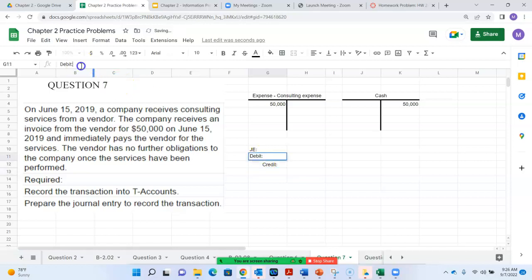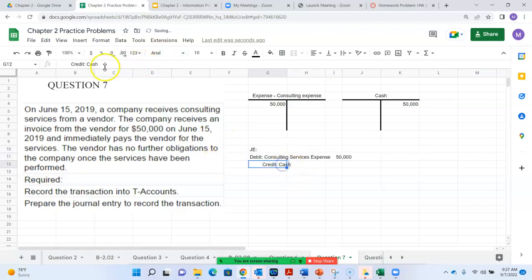So our debit, which account are we debiting? We are debiting consulting services expense. What account are we crediting? Cash. And then all you have to do is put the amount. Our debit is $50,000. So I'm going to leave some spaces.